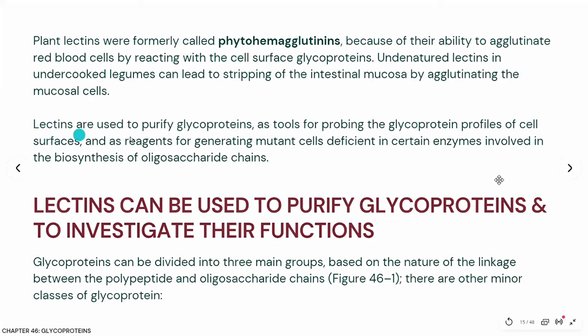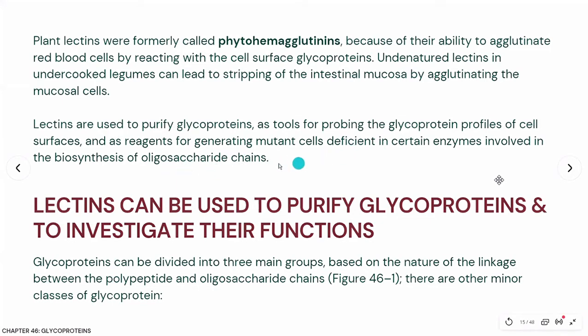Lectins are used to purify glycoproteins, as tools for probing or looking into the profile of your glycoproteins of the cell surfaces, and as reagents for generating mutant cells deficient in certain enzymes.